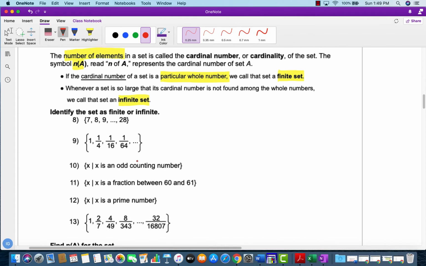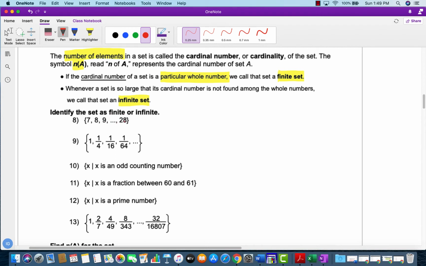Alright, so there's 3 things we need to go over right now. Here we need to identify if the set is finite or indefinite. So, for example, number 8, we have a set that says 7, 8, 9, ... 28. So that means the numbers between 9 and 28.